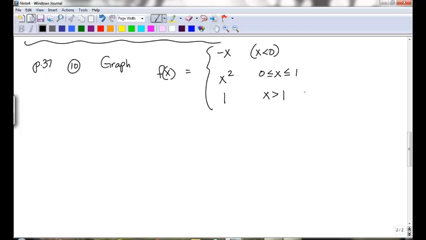Okay? Now, take a couple minutes. I want you to draw that by hand first, and then check it on your graphing calculator. While you're doing that, I'm going to put the answer up here so you can look up. Okay? But I want you to try one on your own without me. Okay? And I'll go through questions if you have questions on it.